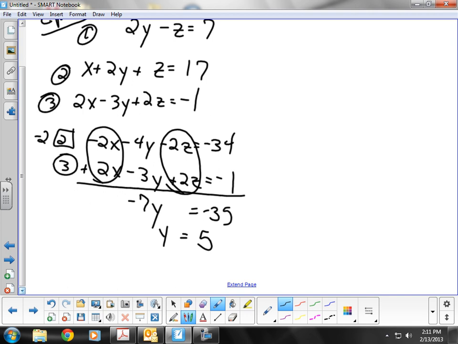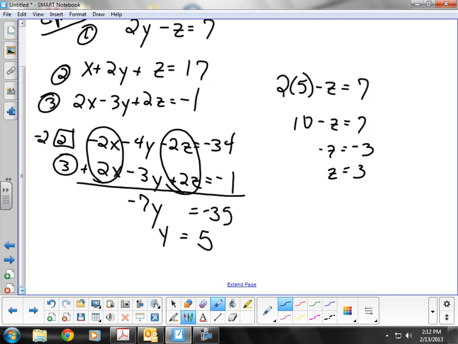Since I know y is 5, I can do 2 times 5 minus z equals 7, right? Once I can solve for one variable, I start going back and just plugging things in. So we've got 10 minus z is equal to 7, so negative z is equal to negative 3, so z is equal to positive 3.